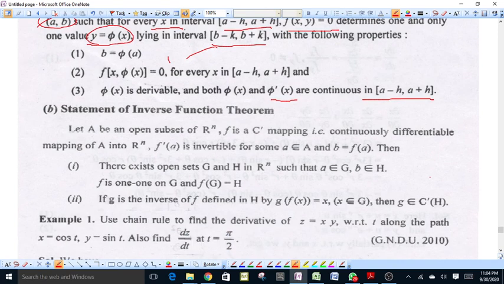Now we have the statement of the inverse function theorem.